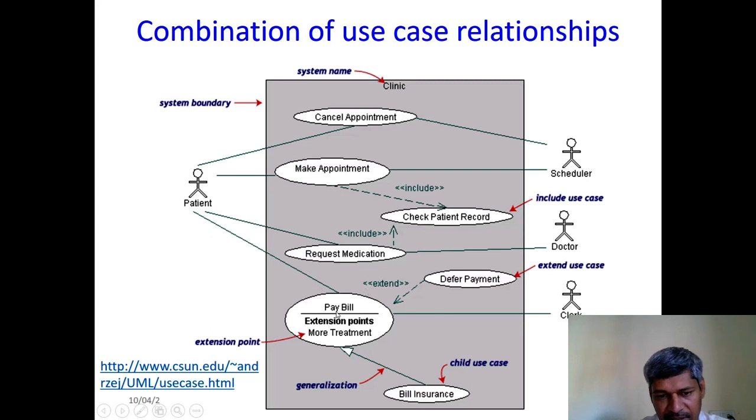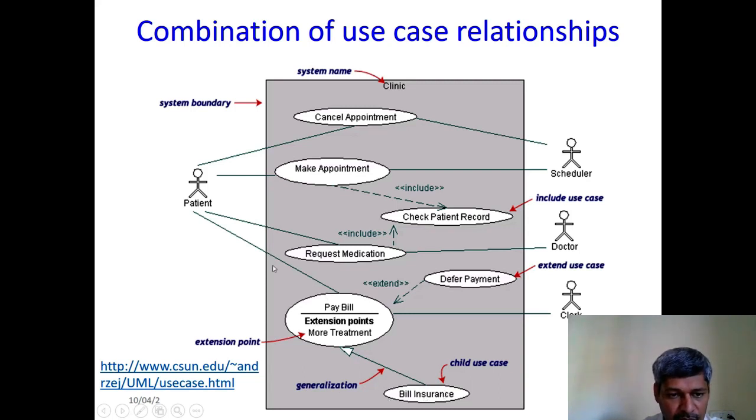And within paying the bill, which the patient has to do, of course the clerk actor can also access that one. Paying the bill can be done directly, with money or with a card. Alternatively, you can bill the insurance. That's a generalization relationship you have with this bill insurance.